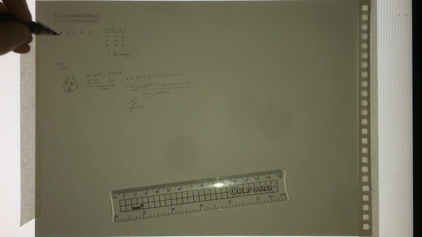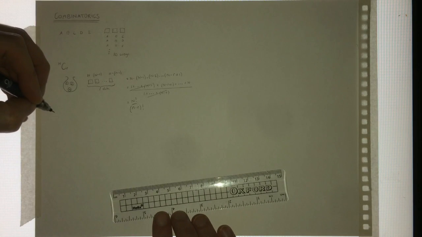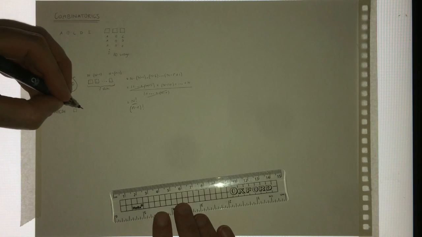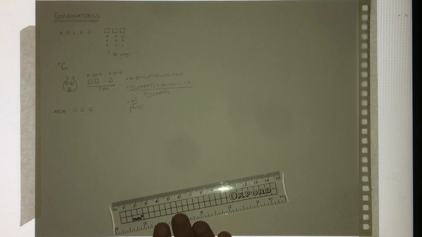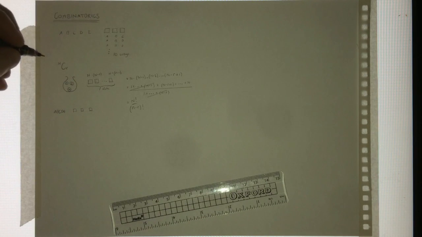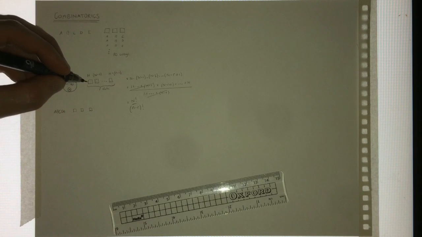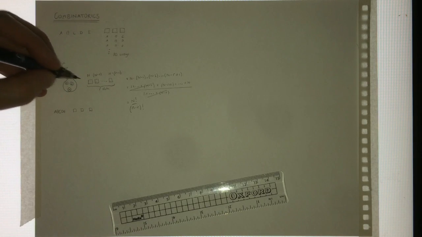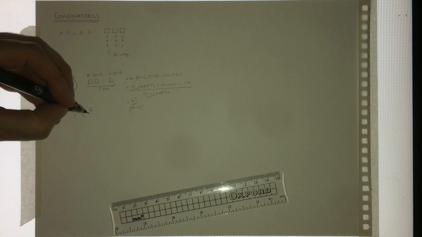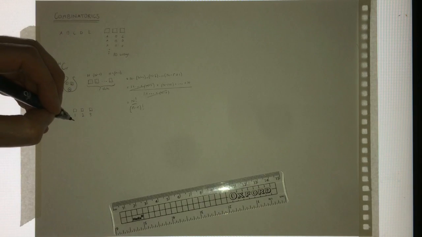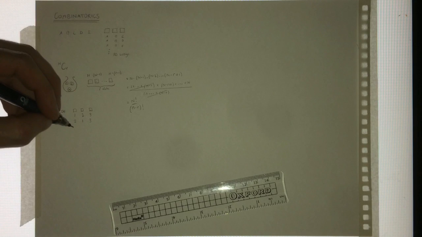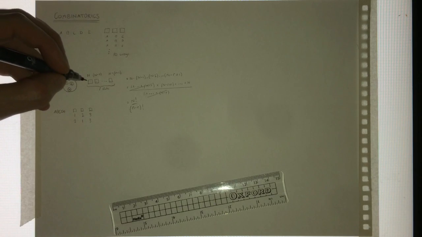Now if we quickly look back to our original problem with A, B, C, D, E and 3 slots, this system which we've just calculated, we could be putting 1 in here, 2 in here, 3 in here, or we could be putting 2 in here, 1 in here, 3 in here. And there's more ways of doing this, but they're all going to come out as different from one another.